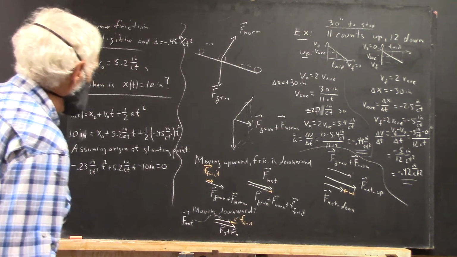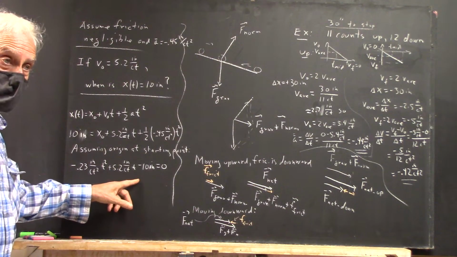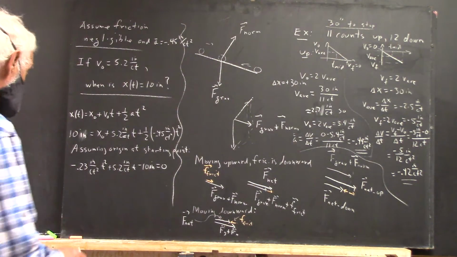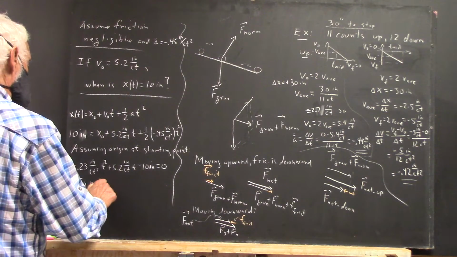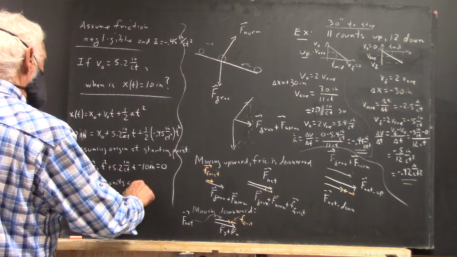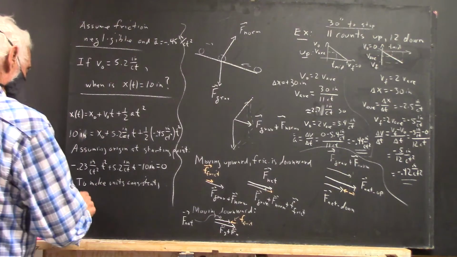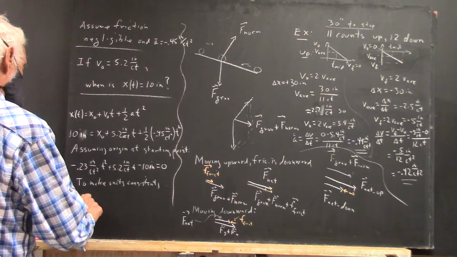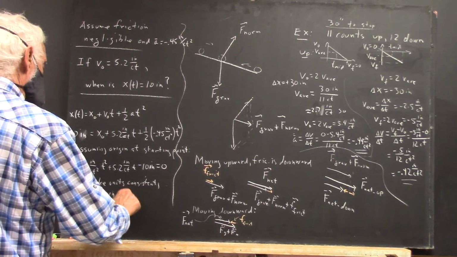At that stage, you can sort of just deal with the numbers because you know that you're solving for t, which has to be in counts. Okay, to make the units consistent, t will be in counts.